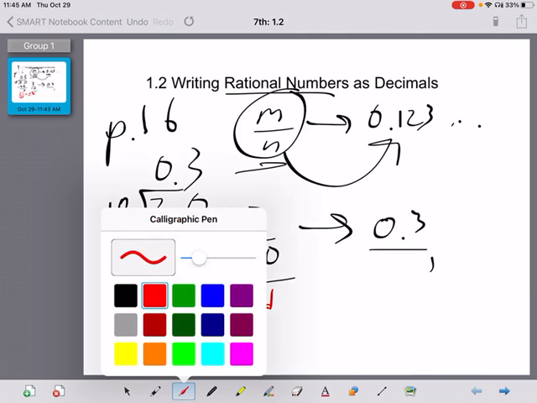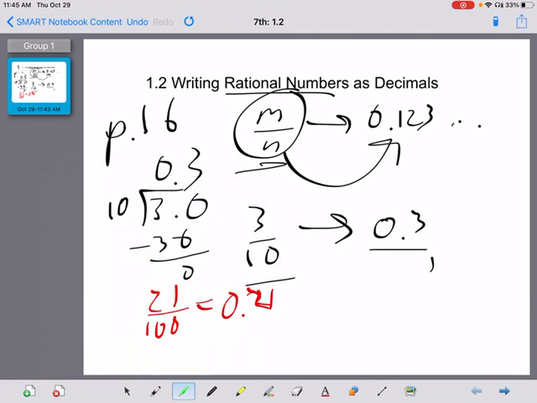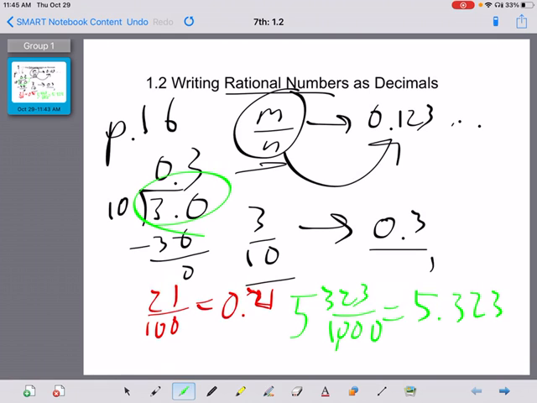And then they've also got 5 and 323 over 1,000, which equals 5 and 323 thousandths, 5.323. So those are pretty simple, right? Anything you can do with those, you can just do your long division, or maybe you actually know what they are right away. But it's pretty simple to be able to turn them into decimals.